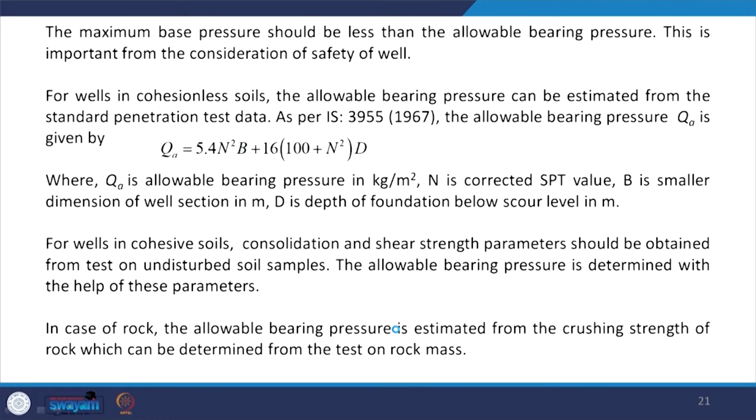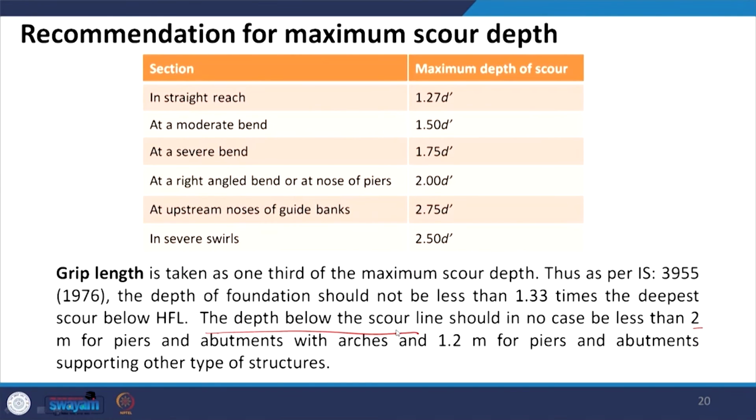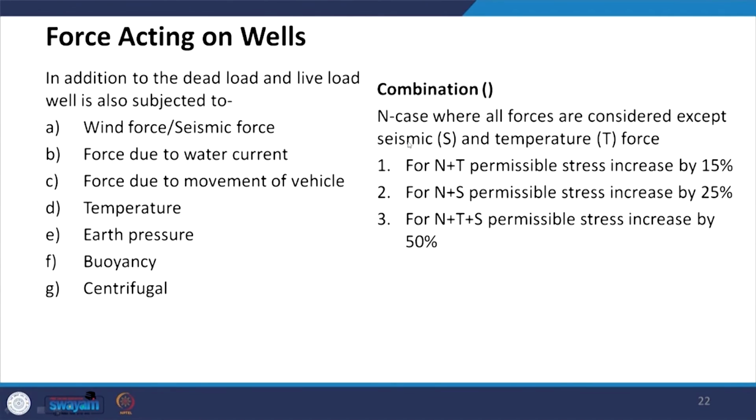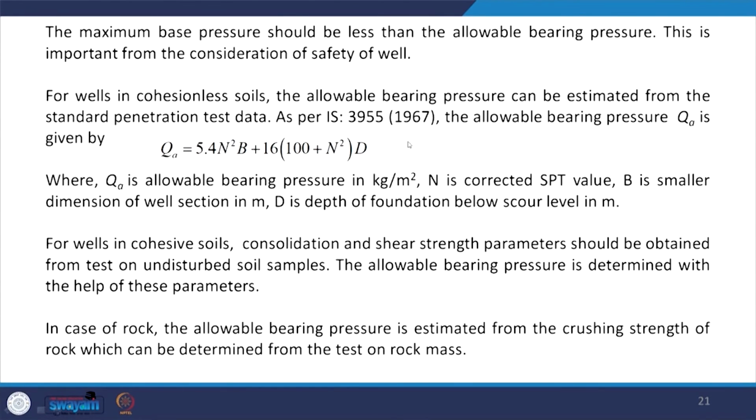Here, Q is the allowable bearing pressure in kilogram force per meter square. This allowable bearing pressure depends on the value of N, which is the corrected SPT value.